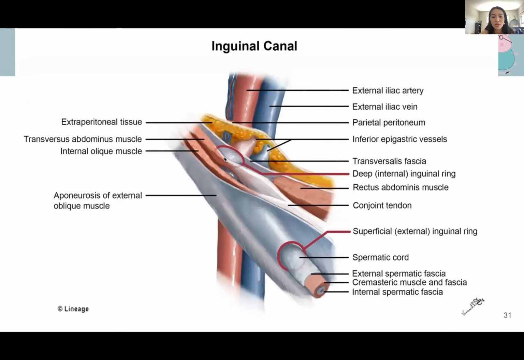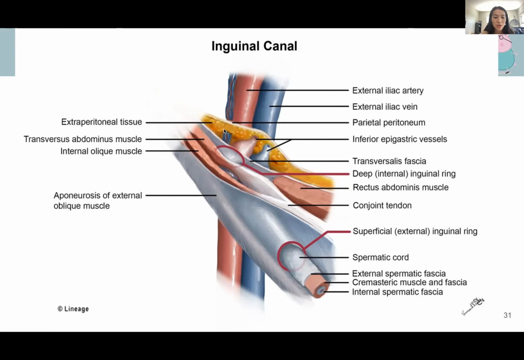Okay, this is the inguinal canal. So it starts from the transversalis fascia, and it moves down. So you just call this the deep inguinal ring, the superficial inguinal ring. And it pretty much goes down in a diagonal way.